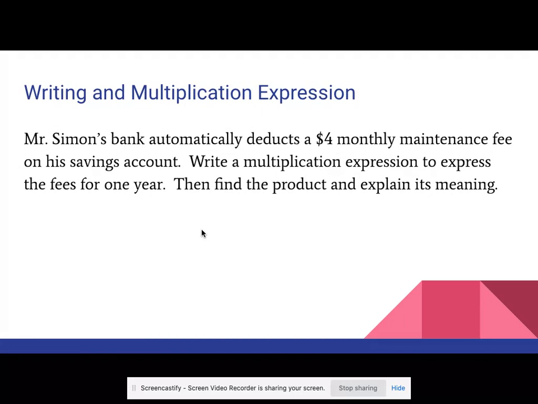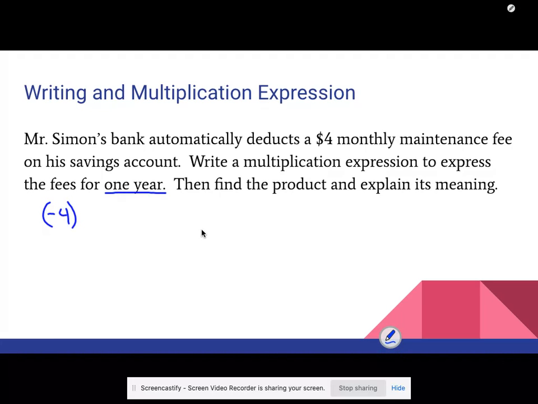Mr. Simon's bank account automatically deducts a $4 monthly maintenance fee on his savings account. Write a multiplication expression to express the fees for 1 year. This is going to be some important information. Then find the product and explain its meaning. If I need to write an expression, the account deducts $4, that's negative 4.